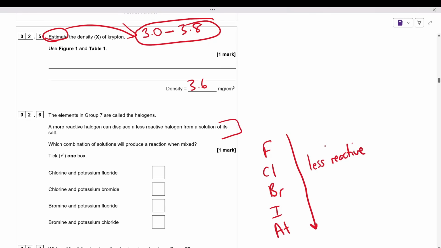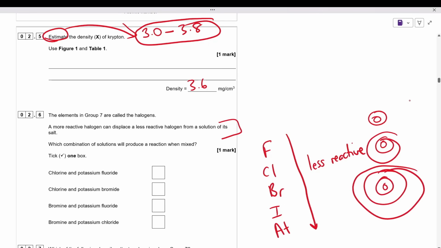They will attract electrons onto themselves. So the further down we get, the bigger the atom will be, so less chance of actually attracting those electrons. Fluorine is small, then as we're moving down, it gets bigger and bigger, which means the ability to attract that electron becomes less likely the further down the group we go.